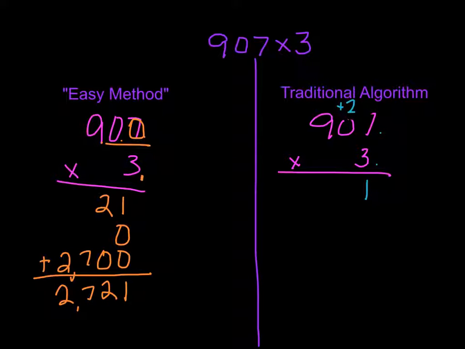Then I multiply the 3 times the 0, which is 0. 0 plus 2 is 2. 3 times 9 is 27. So I write my 27 here. 1, 2, 3, comma me, and I'm done. Notice that I got the same final product, but it did take me less room. It's like a shortcut.